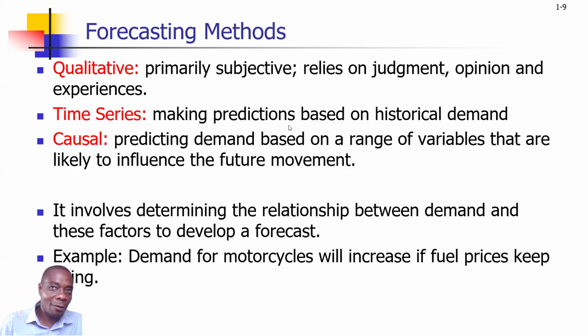So they will stay longer and then they will spend money. So there are so many things. The causes are something that will influence demand, basically. Okay, so that's it.